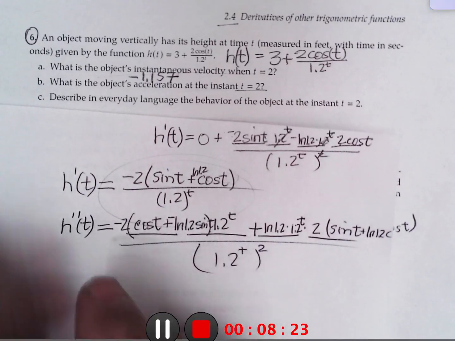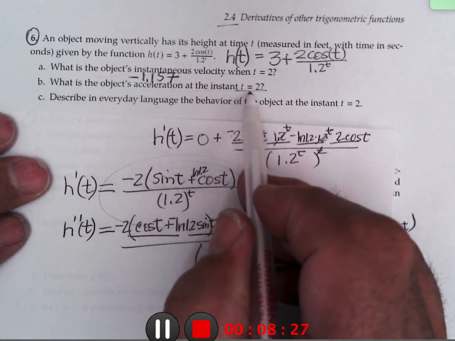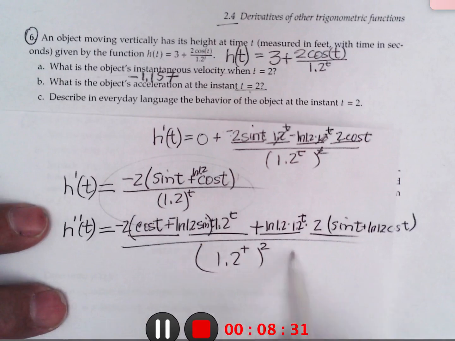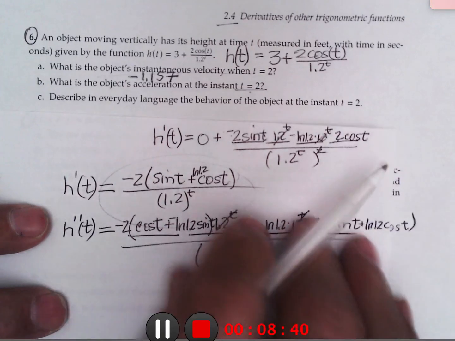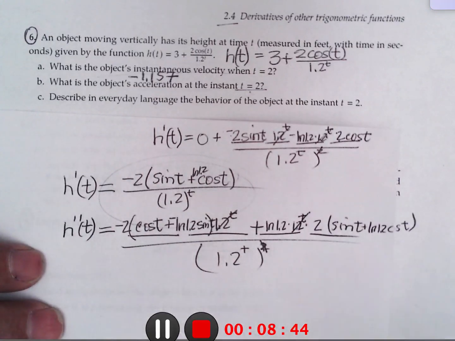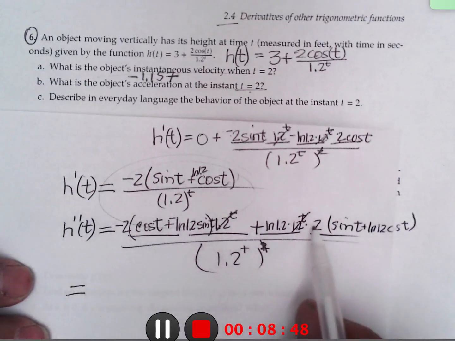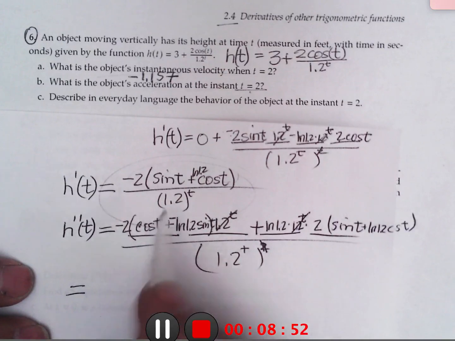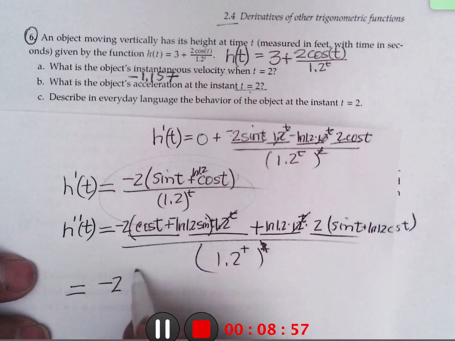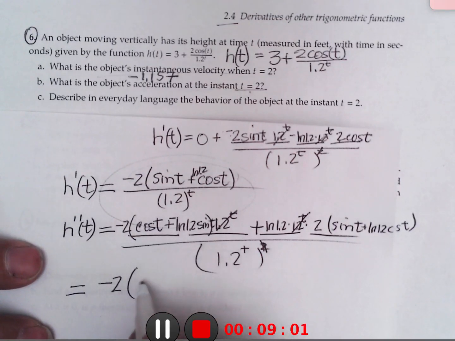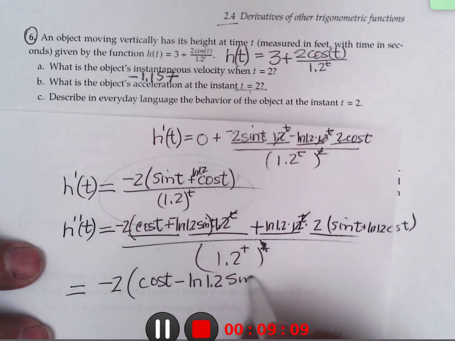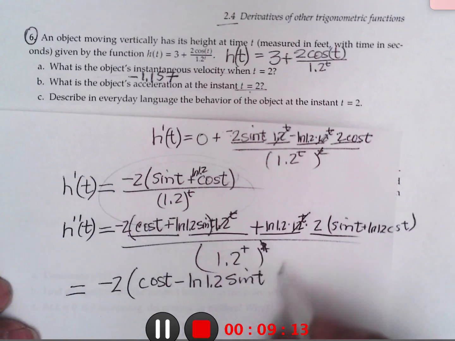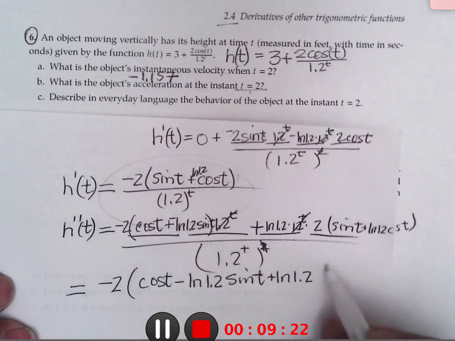And they want us to find that instantaneous acceleration also at 2. So now I have to plug 2 into this. I see a 1.2 to the t, I see a 1.2 to the t. Factoring those out will cancel one of these, so I'll make it a little simpler. Let me rewrite this. There's a 2 in here, and there's a 2 here, so I'll write negative 2, and then I have cosine t minus ln 1.2 sine t, plus ln 1.2 times sine.